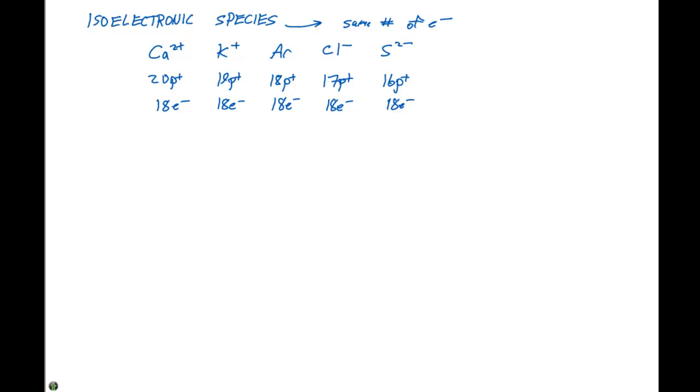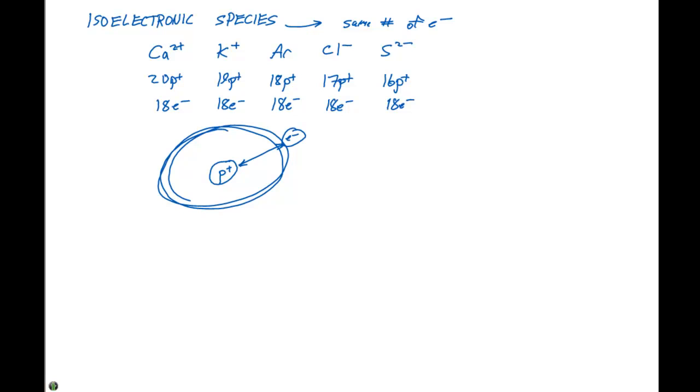So if we look at calcium 2+, potassium plus, argon, chloride minus, and sulfide 2-, we see that each of these have a different number of protons but the same number of electrons. So what we can look at here is how the protons in the nucleus will influence the electrons surrounding the nucleus.